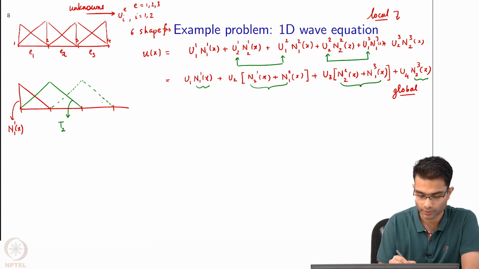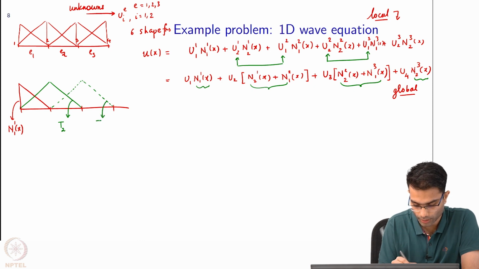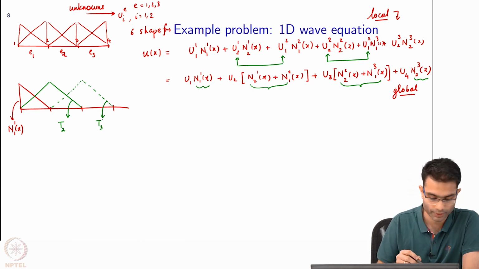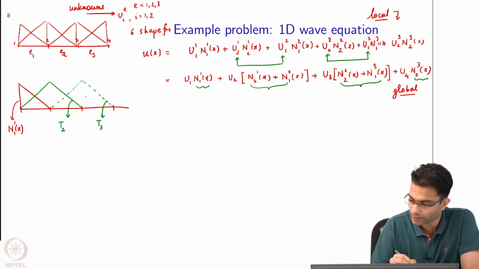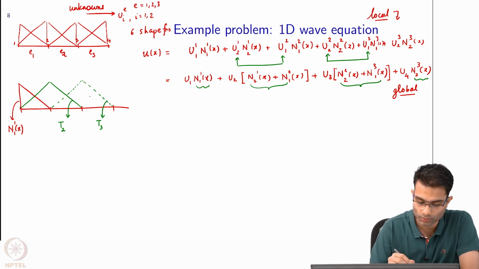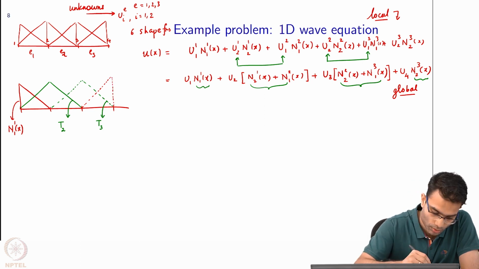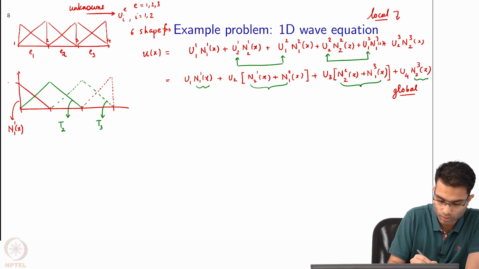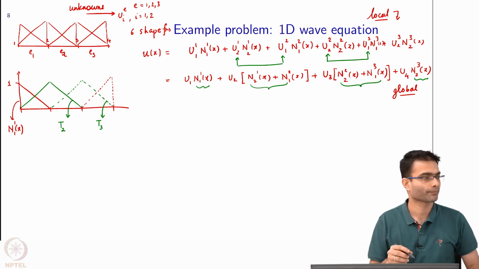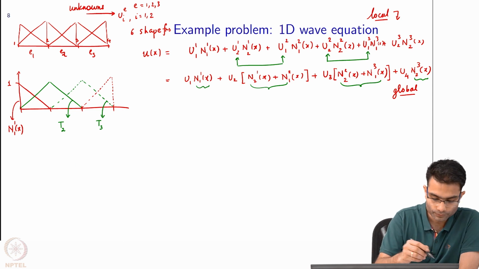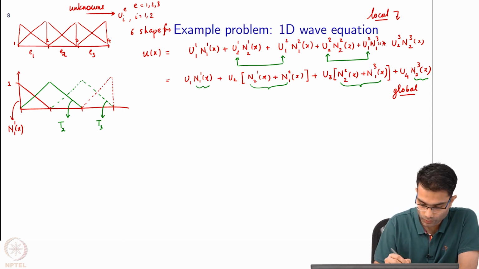I am going to call this T3. And finally the fourth one is my usual N_2^3, the one opening from the third segment.